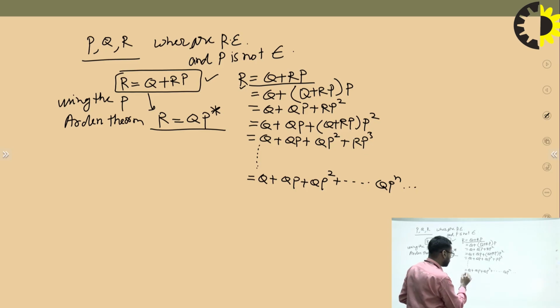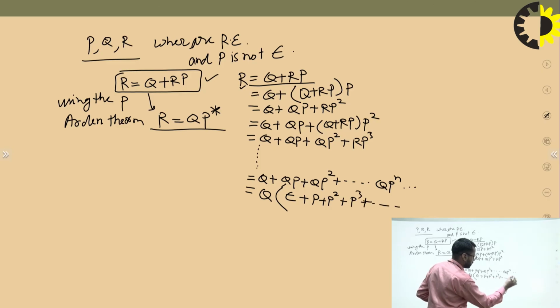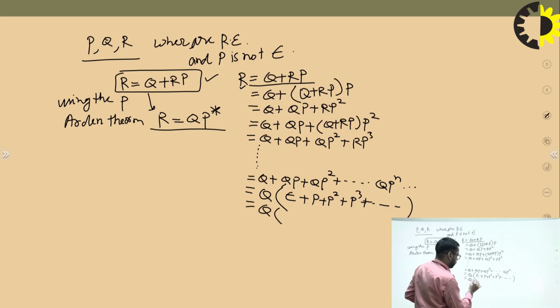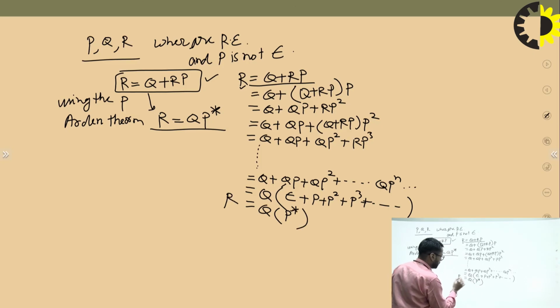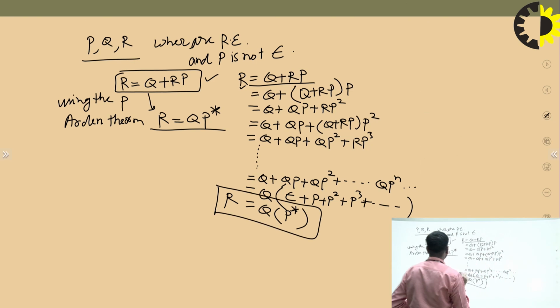In this series, we can take Q as common, and the remaining part will be epsilon plus P plus P square plus P cube up to N. We can write this as P formation including epsilon, as already discussed in previous lectures, which is P star, according to the Kleene theorem. So the resultant will be generated as R equal to, what was the formation?